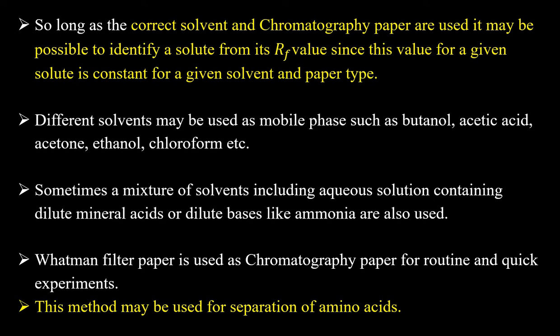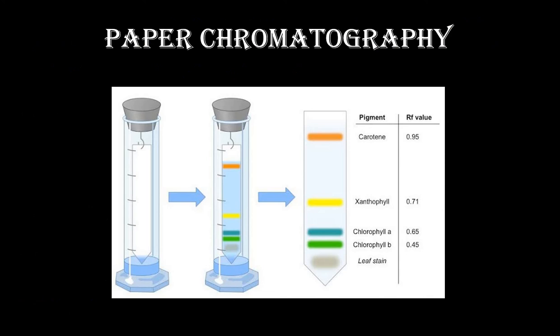Whatman's filter paper is used as the chromatography paper for routine and quick experiments, and this method may be used for separation of the amino acids from the mixture which is being analyzed.